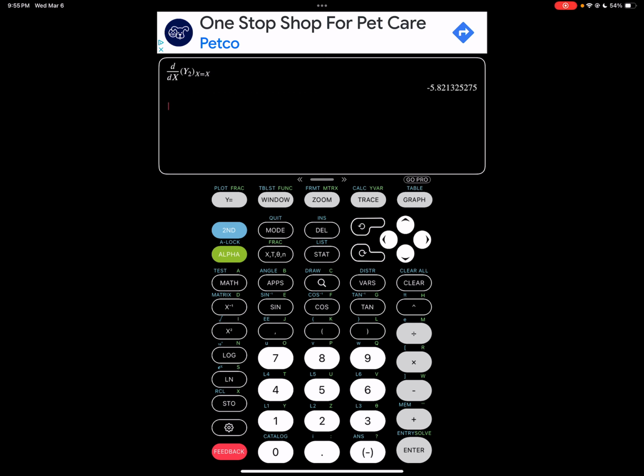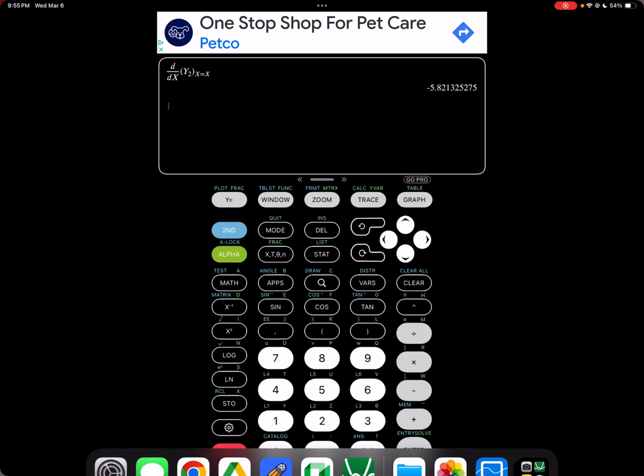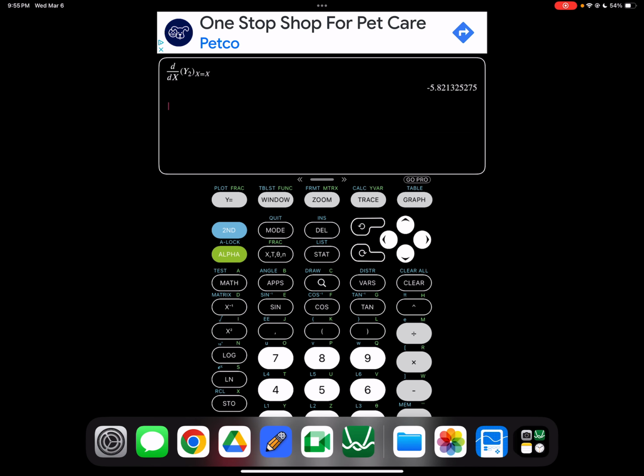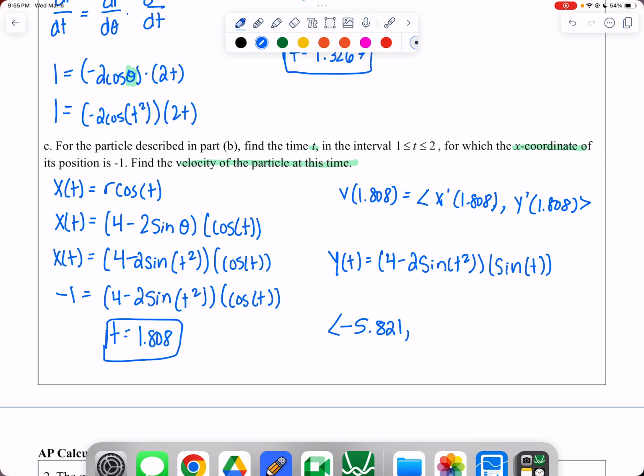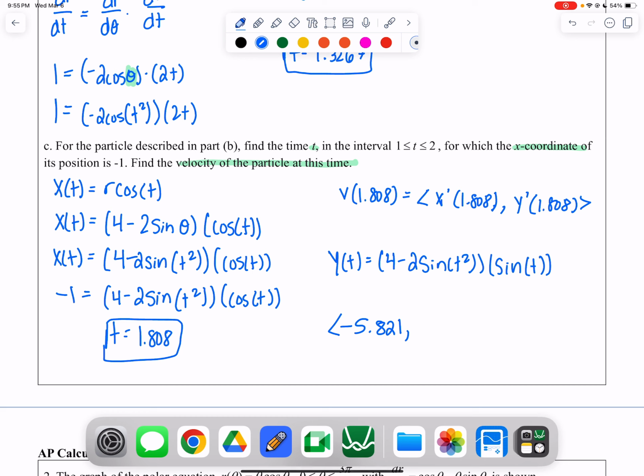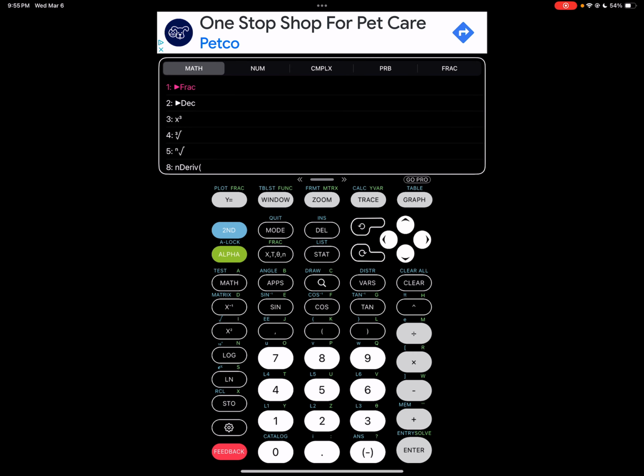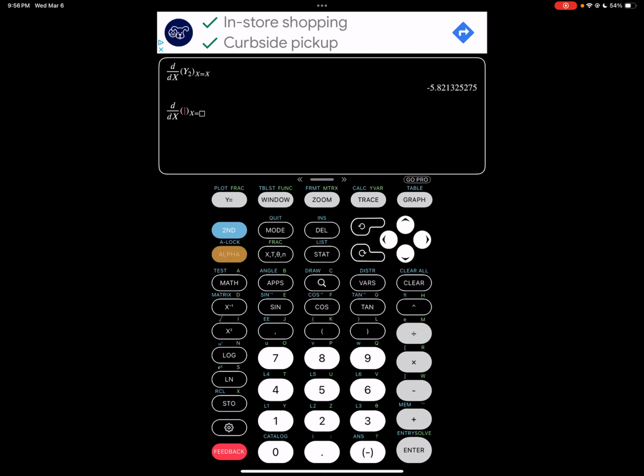But here, it tells us that my x value is -5.821. So that's my x value. To find my y value at that, I'm going to do the derivative once again, but this is in y3.